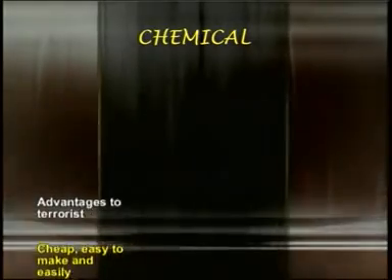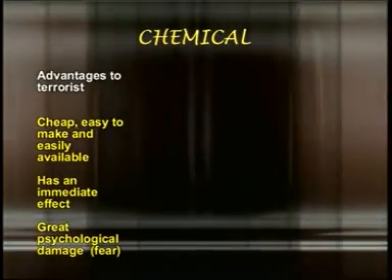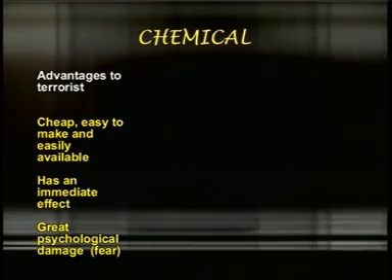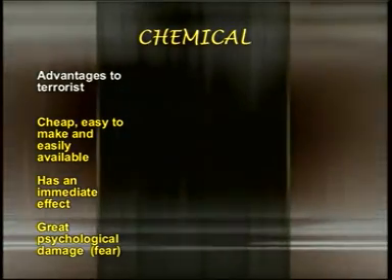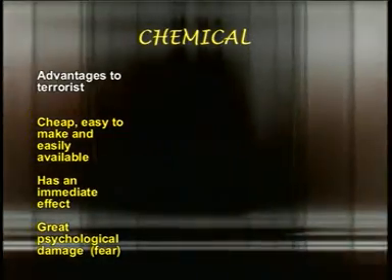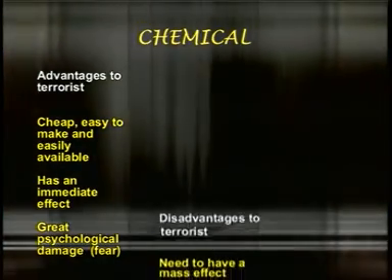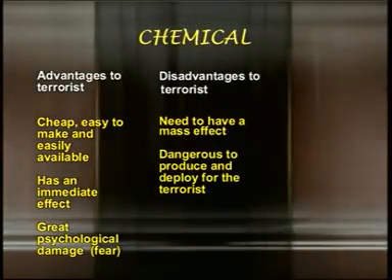The C in the BE NICE acronym stands for chemical agents. You may have heard of the nerve agent sarin released in the Tokyo subway system by a terrorist group in 1995. Like biological agents, they are easy to find and steal, easy to make, and relatively cheap. They also have a strong psychological effect on the victim population.